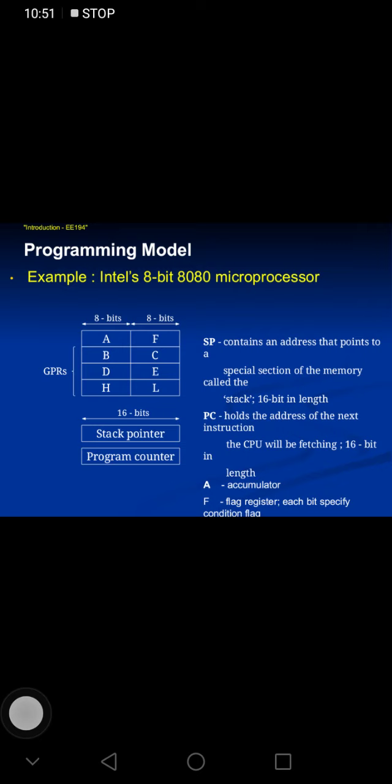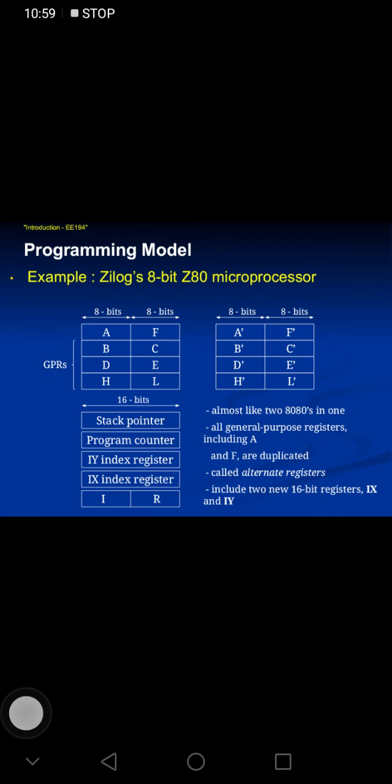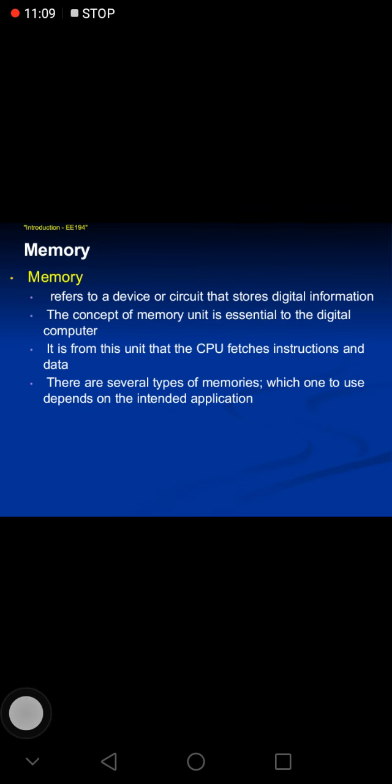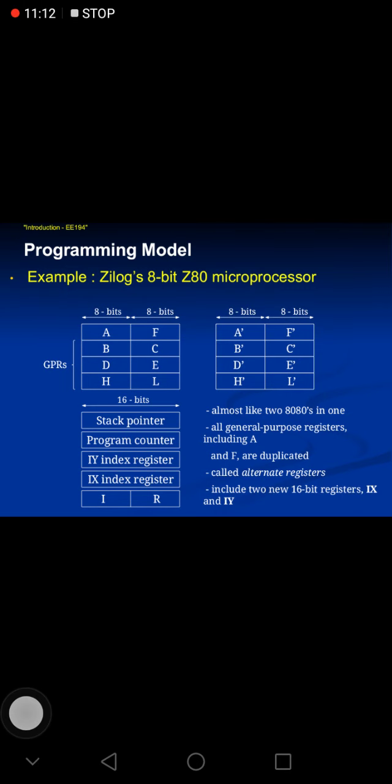Okay, so A is the accumulator, F is the flag register, each bit specifies a condition of flag. Okay, so yun, basahin na lang natin to siya. Every register here has their certain function. Okay? So they are all 8 bits, no?